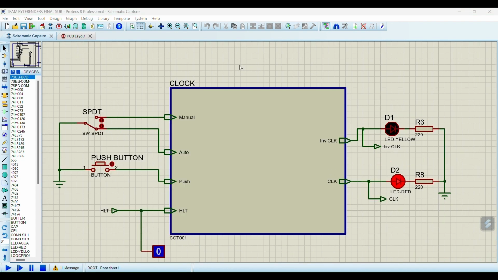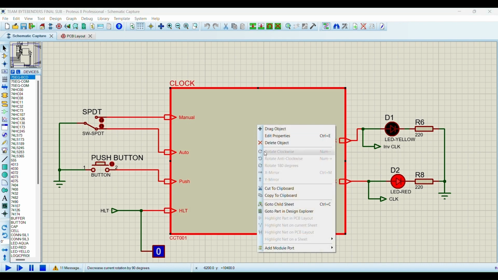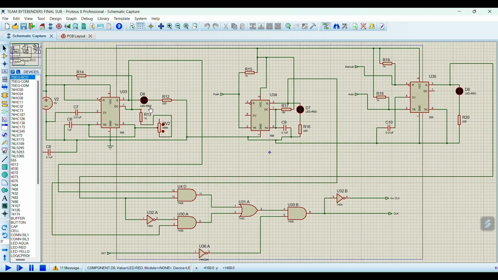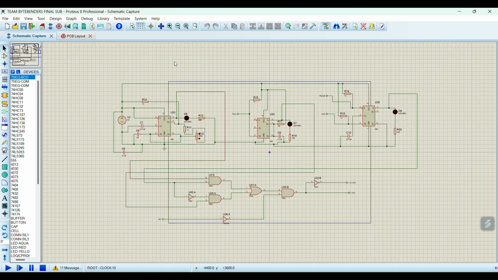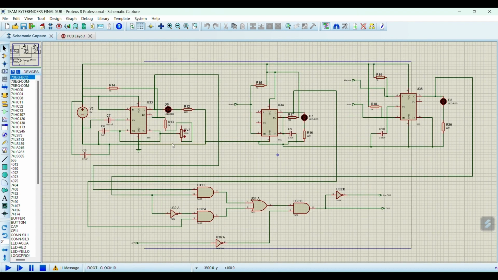Now let us see the child sheet of our clock pulse generator. In this child sheet, we can see that the clock pulse generator is made of 3 main circuits, astable, monostable and a bistable circuit. An astable circuit generates a continuous and automatic square wave pulse, forming the foundation of the clock's timing.